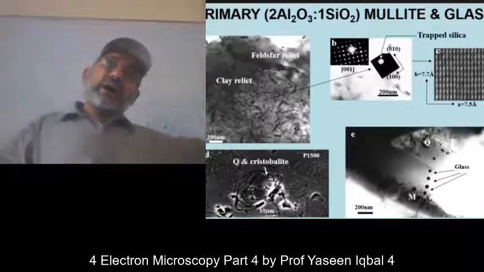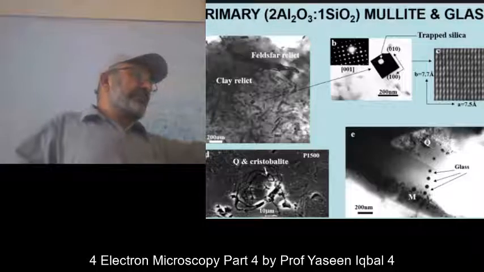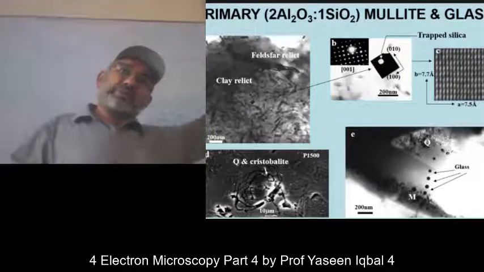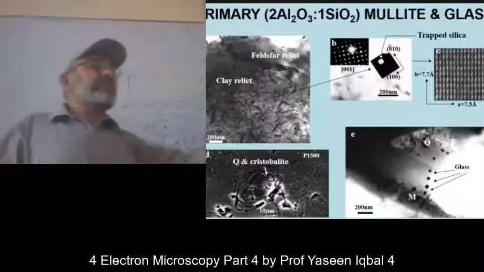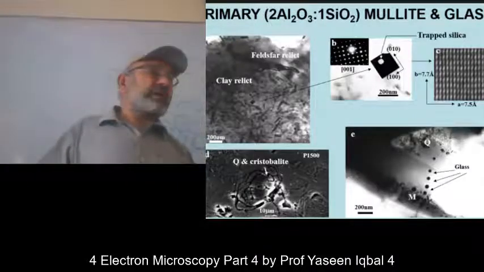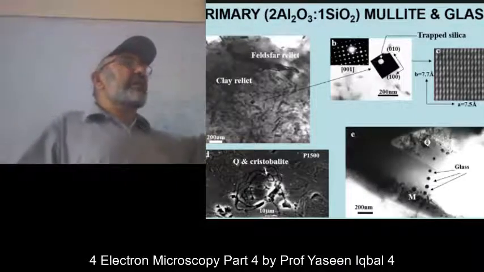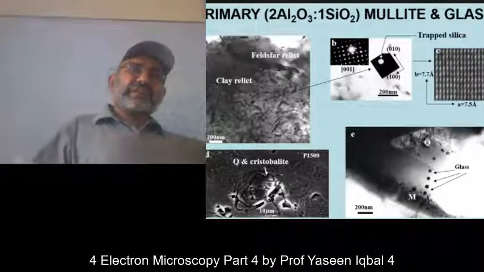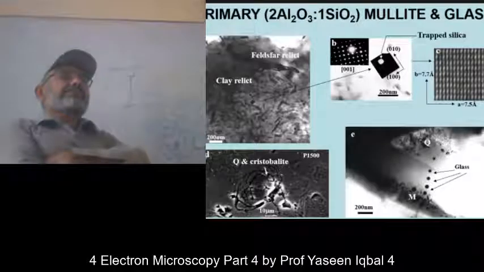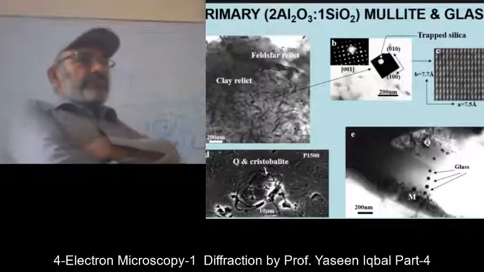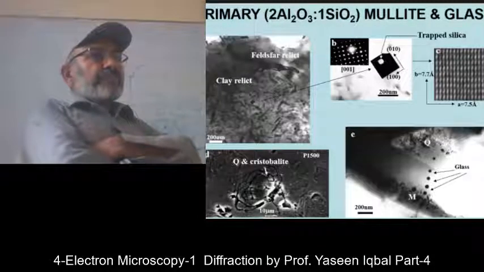X-ray tells you about the crystal structure, but the minute details of the crystal structure, space groups, and all these things are sometimes not possible with X-ray, and you need transmission electron microscopy and very high resolving power devices to know about such things. Any question? Yes.